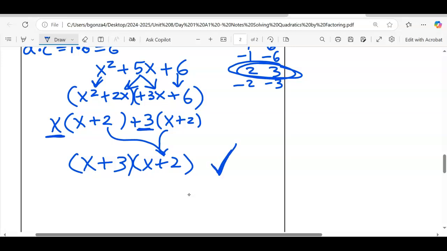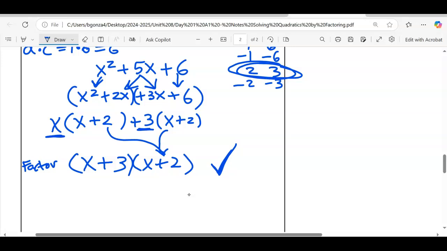And that, my friends, is called factoring. Once you have it into 2 parentheses, you have factored. Factoring completed, Mr. G. But now, your last step, okay, and it says it on the front side.